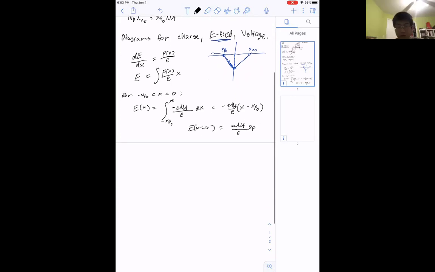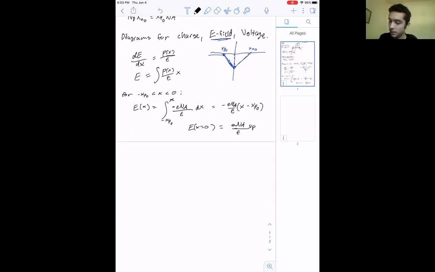Okay, so moving on, now we want to get the voltage. And to get voltage, generally speaking, use this trick. Basically, there's a derivative relationship.